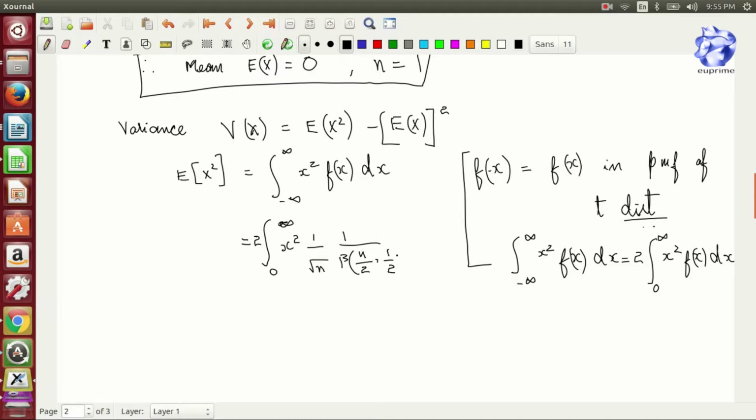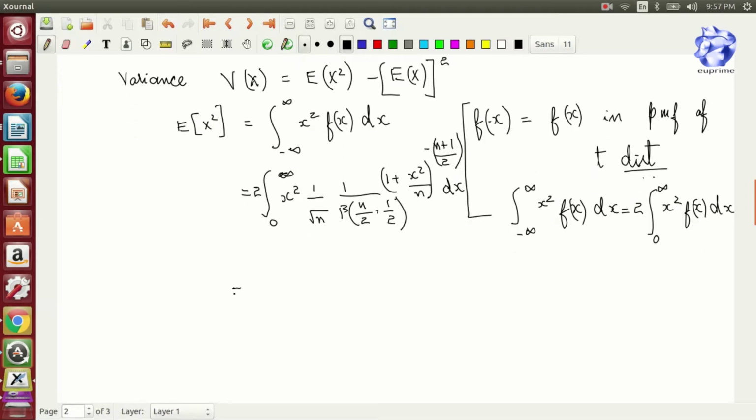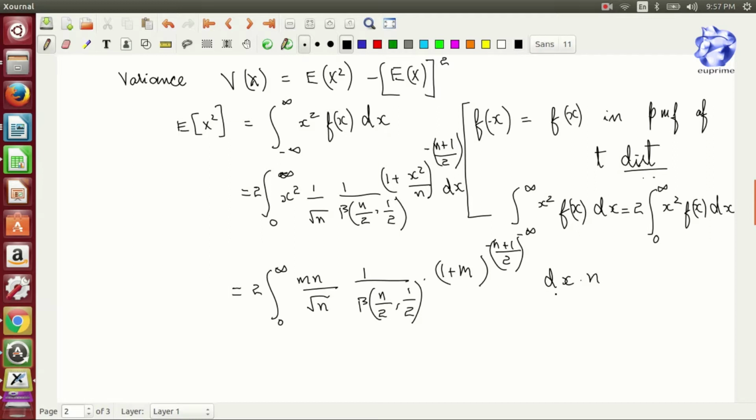Based on this we transform the equation into the following, the same thing but 2 times the integral from 0 to infinity, and we expand f of x as follows. Further on simplifying, we get n root n into 1 by beta of n by 2 comma 1 by 2, and again the entire process.